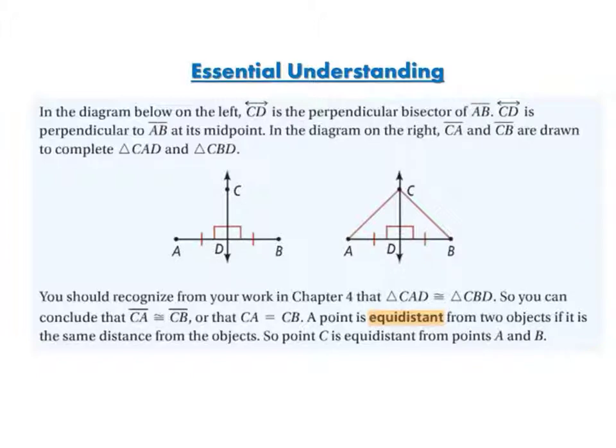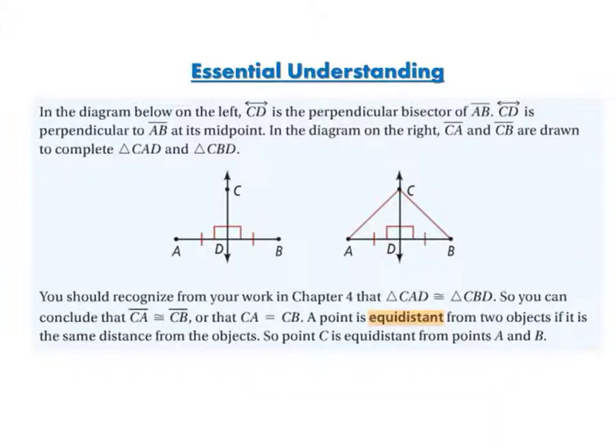In the drawing on the right, I have line segment CA and line segment CB drawn in, and they complete two triangles. I have triangle CAD and triangle CBD.